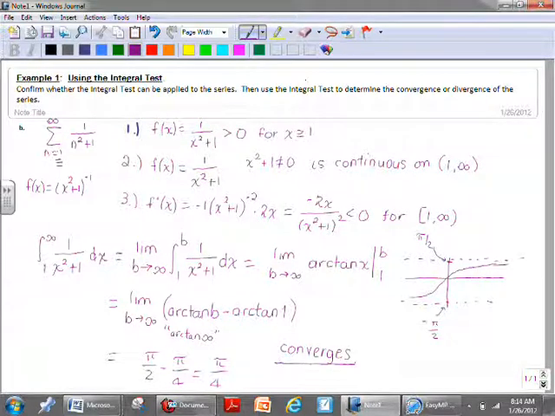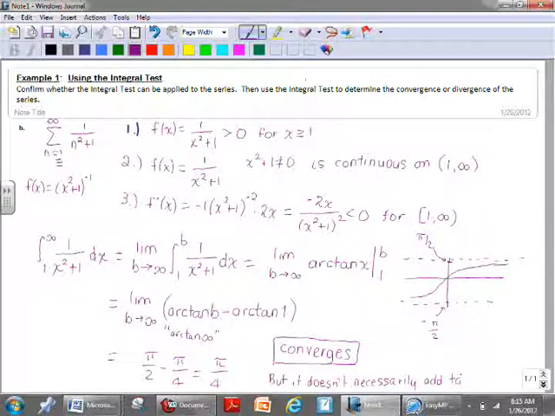But I'm going to add, once again, as a little side note here, it converges, but it doesn't necessarily converge, or add, which is really the same, to pi over 4.